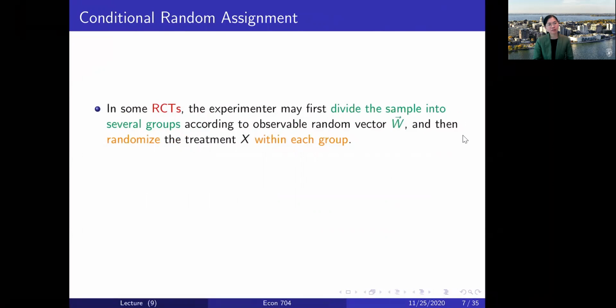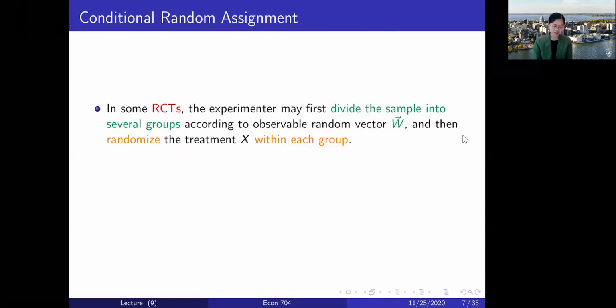So when is conditional random assignment plausible? In fact, in some randomized control trials, the experimenter may not just randomly assign the treatment to the whole population, but instead the experimenter may first divide the sample into groups according to an observable random vector W, and then randomize the treatment X within each group.